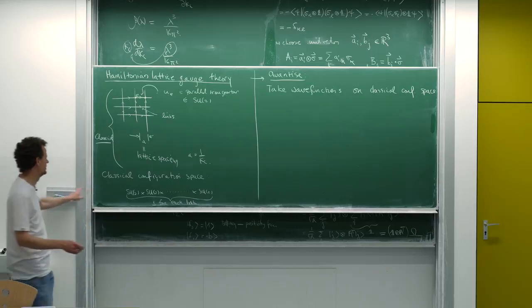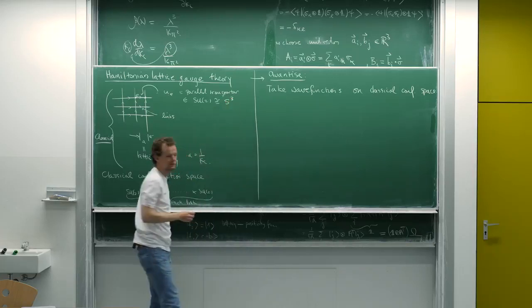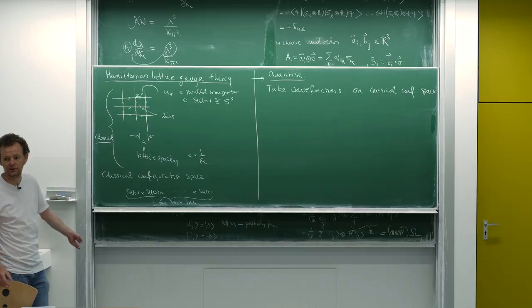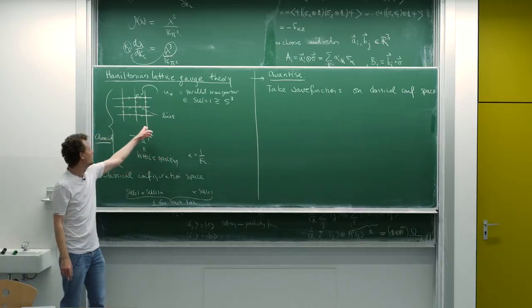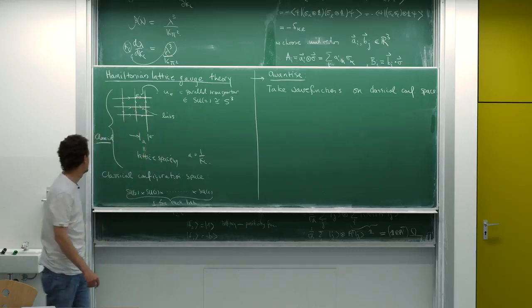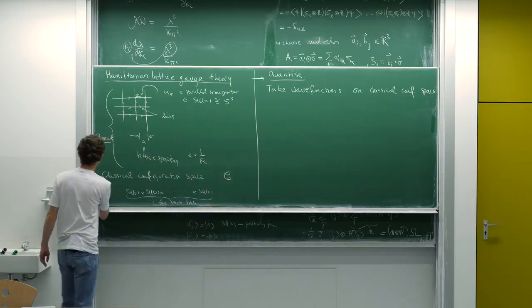And SU2 in turn, it's very special to SU2, but very useful, is diffeomorphic to the 3-sphere. So it's enough to specify 4 numbers of length 1, one per link in this lattice. So that's the classical configuration space. Let's call it calligraphic C.